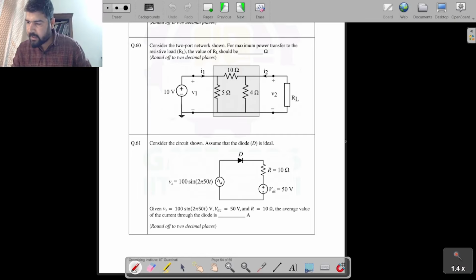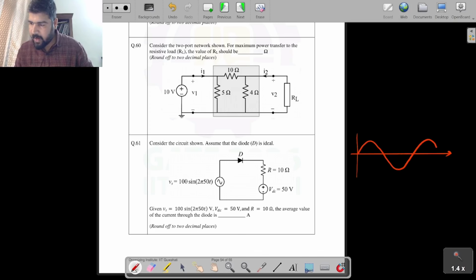First let's draw this voltage wave. This is a pure sine wave, and obviously the peak value is 100, and we have this 50 volt DC voltage source.